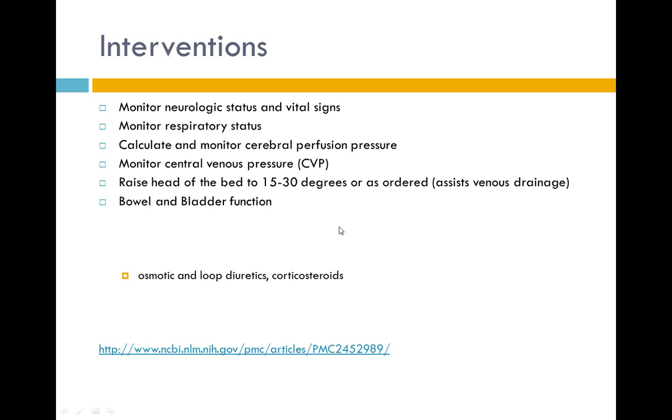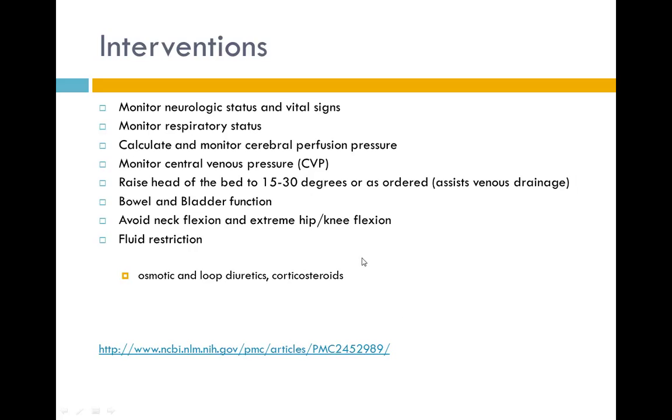Increase in stimuli can also increase intracranial pressure, so dimming the lights and making it more of a quiet environment is better for that patient. Avoid neck flexion and extreme hip or knee flexion, because this can also cause more pressure on the brain.